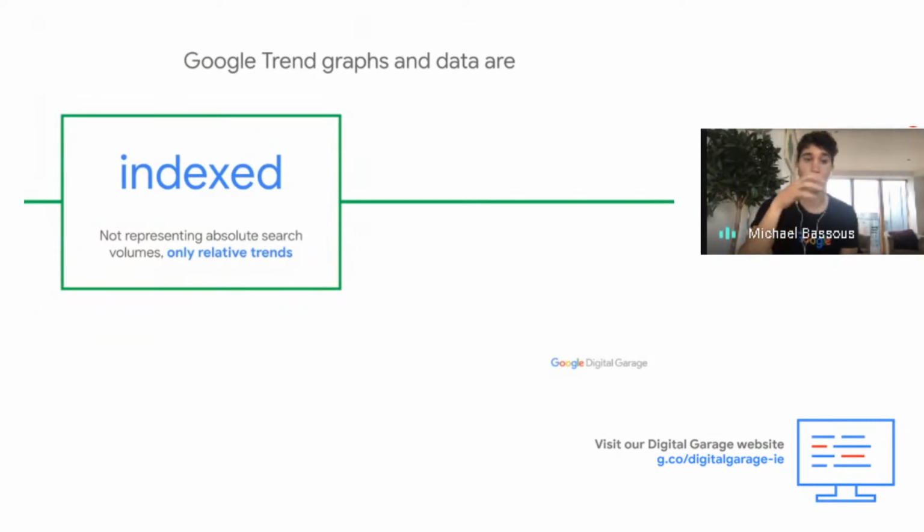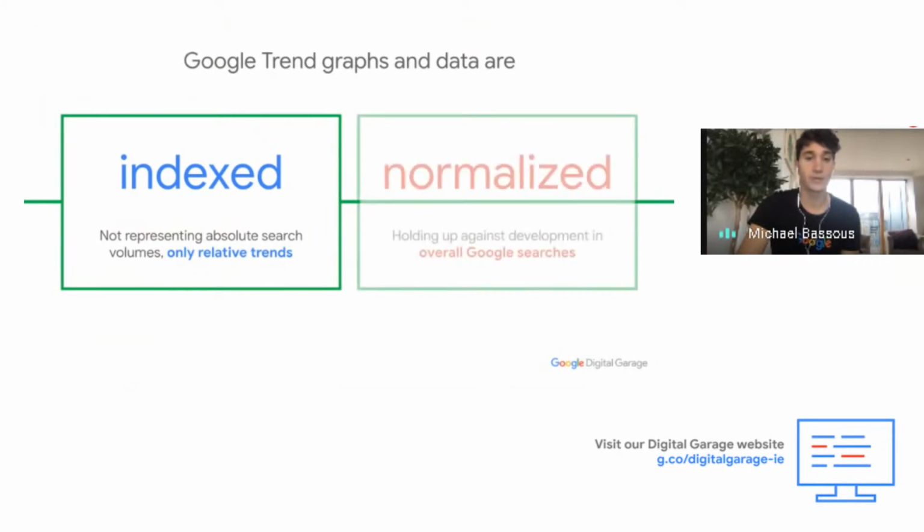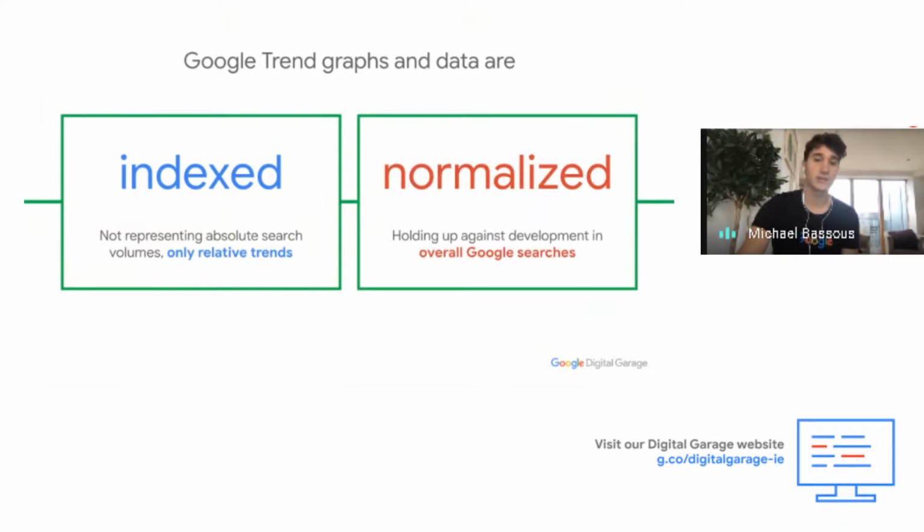So that being said, we only use indexed. Indexed in a nutshell means a relative amount of searches, so that we don't give the actual amount of searches. And number 2 is basically normalized. Google Trends normalizes search data to make comparisons between terms easier. In general, and we spoke about this earlier, we're using our phones, computers, tablets, and a lot of other devices more and more. Thus, our overall searches are definitely growing.